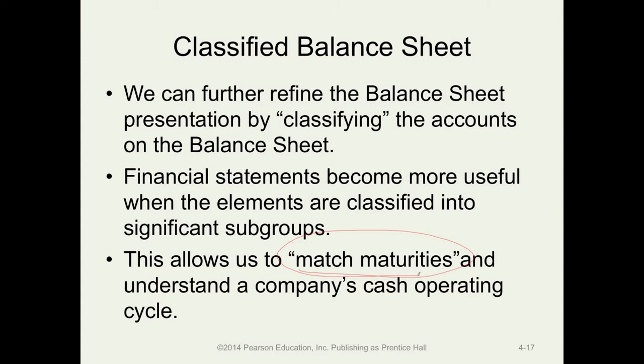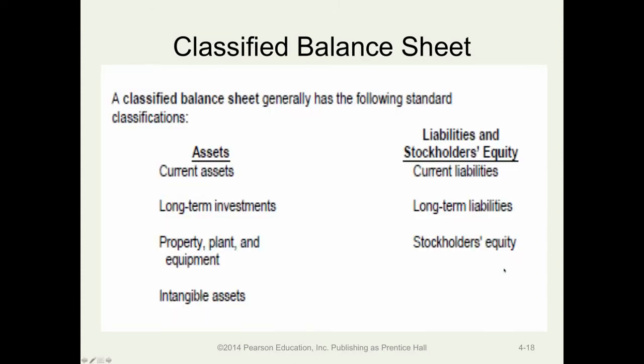The notion of matching maturities means that you want to be sure that when debt is coming due, when liabilities are coming due, you have sufficient assets that would be liquid, converted into cash in order to pay off these liabilities. And again, this is going to be part of our cash operating cycle. So on a classified balance sheet, we generally classify assets and liabilities as current or non-current. And first, let me define what we mean by a current asset.